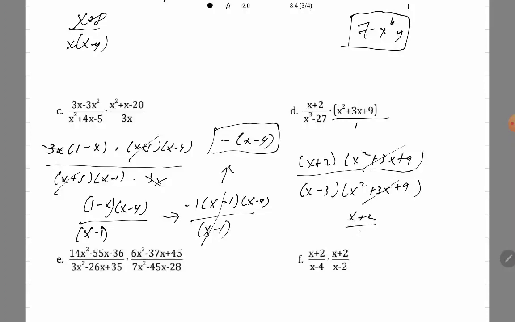So we have x plus 2, x minus 3. So once again, I didn't do it before, but if we have a cubed minus b cubed, that becomes a minus b times a squared plus ab plus b squared.